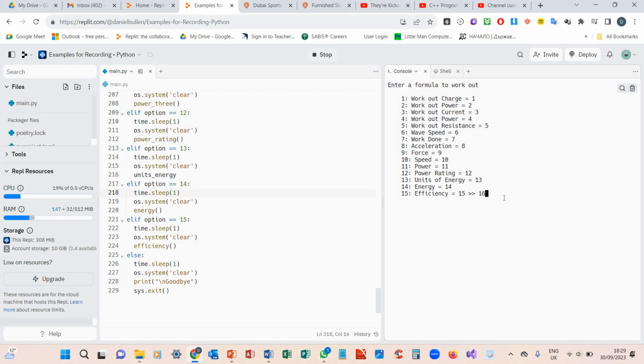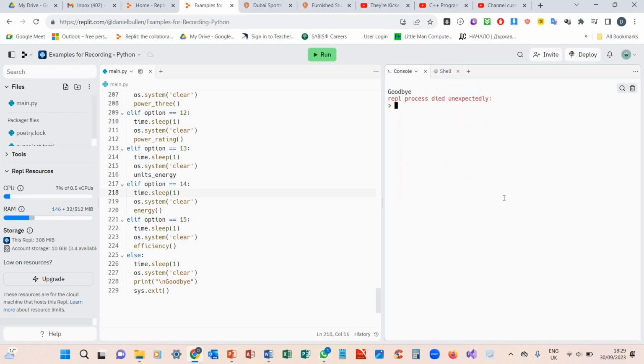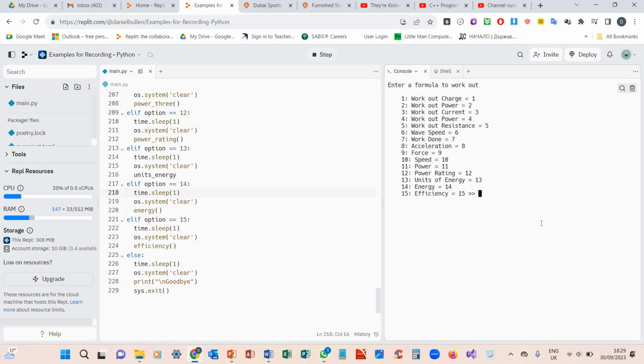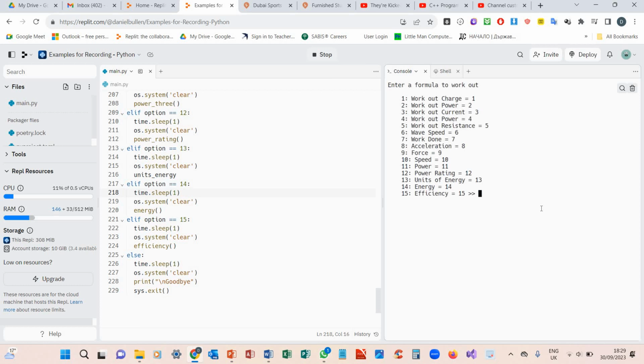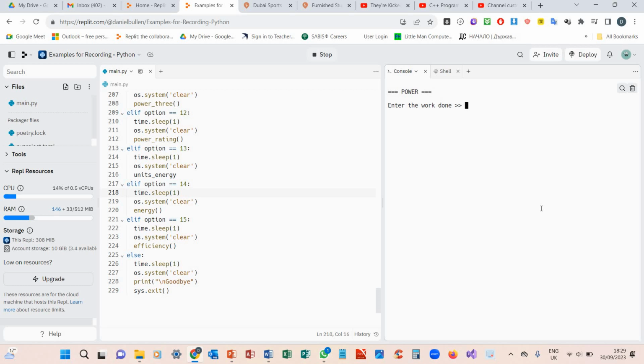It says to do 16. Yep, it's gone. Let's try 14. I'm going to do 23.4. There we go. Let's do 11. Work done.